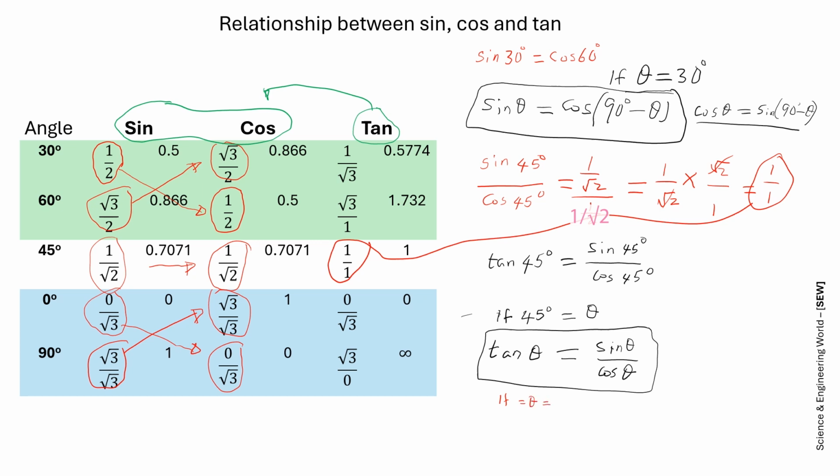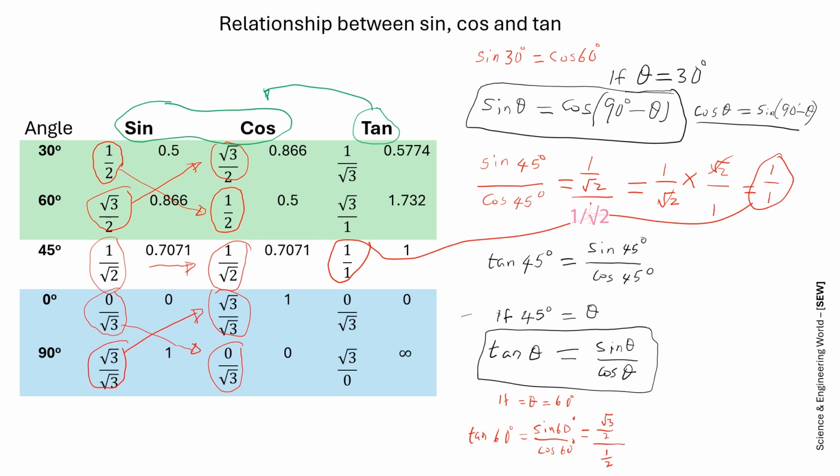So this is just tested by saying if theta equals 60 degrees, then tan 60 will be equal to sine 60 over cos 60. Sine 60 is root 3 over 2, and cos 60 is 1 over 2, that's half.